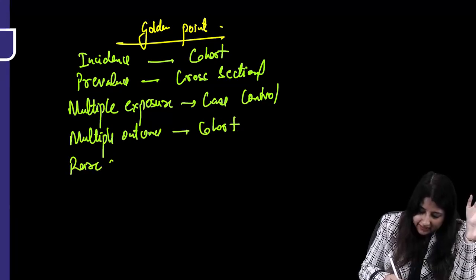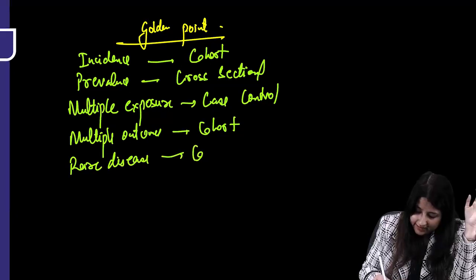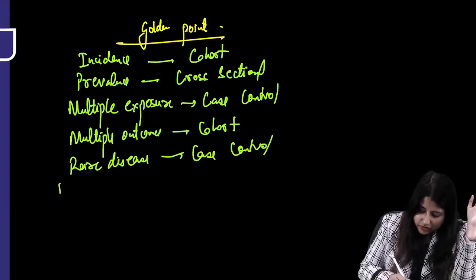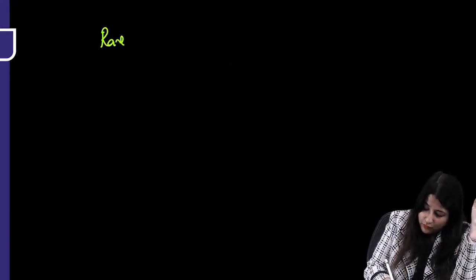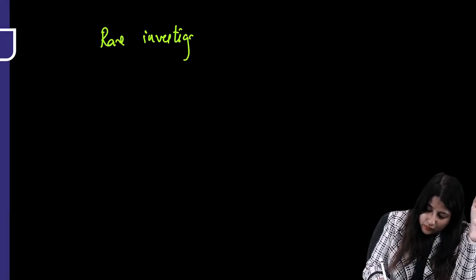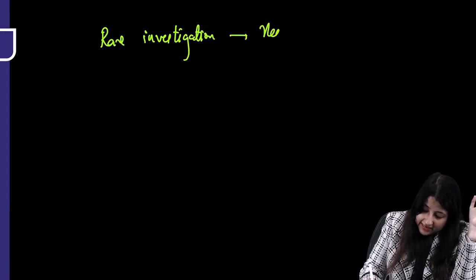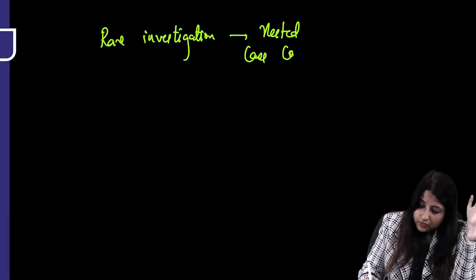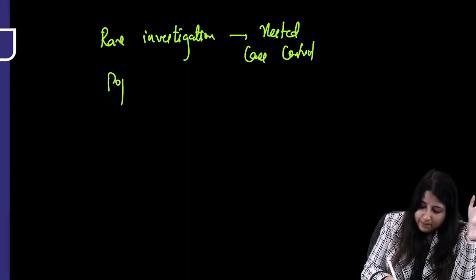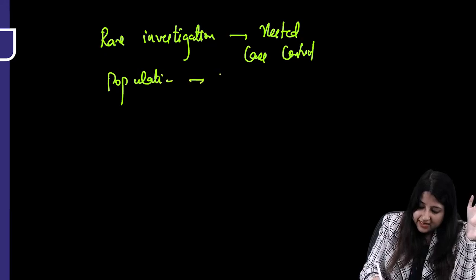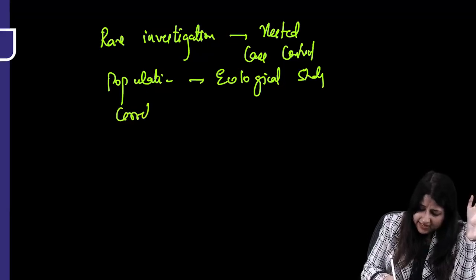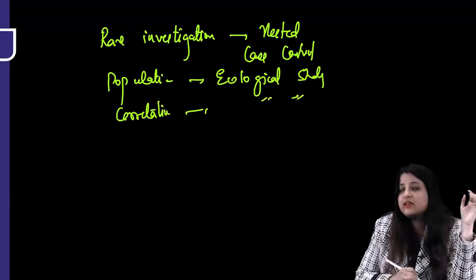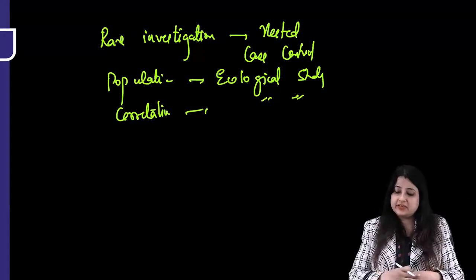If you have to study rare diseases, what type of study? Case control. If you have to study rare exposures, what type of study? Cohort. If you have to study rare investigations, what type of study? Nested case control. If your unit of study is a population, which type of study? Ecological study. If you see the word correlation, which type of study? Again, ecological study. Some golden points.